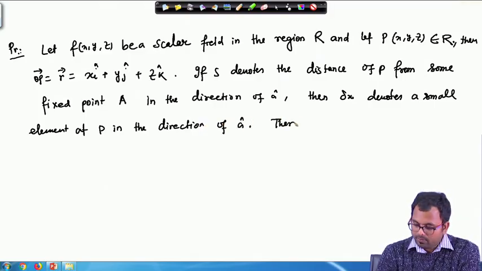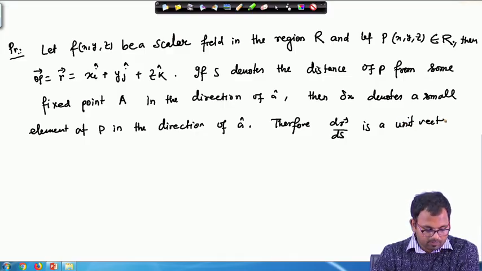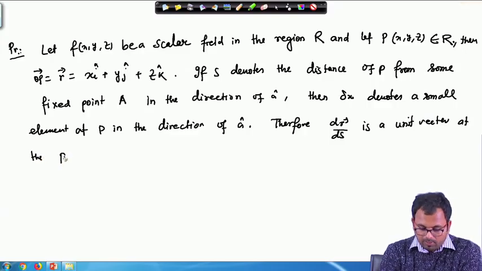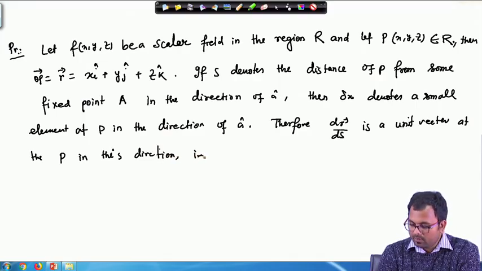And therefore, dr ds is a unit vector at the point P in this direction, that is, dr ds is equal to A cap.